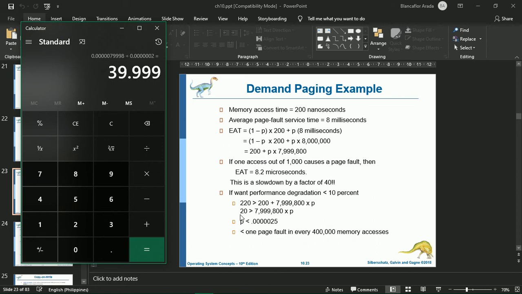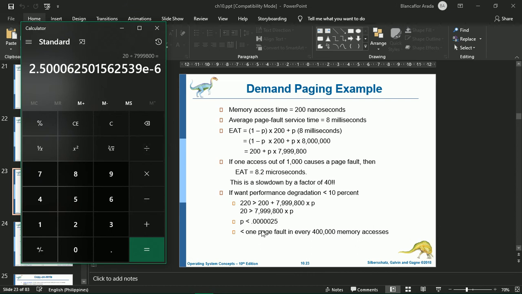What happens here is that 200 is transferred to the left, so 220 minus 200 is equal to 20, greater than 7,999,800 times P. So to get P, we have to divide 20 by 7,999,800, and that gives 2.5.